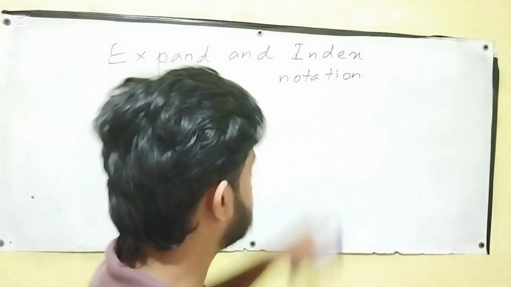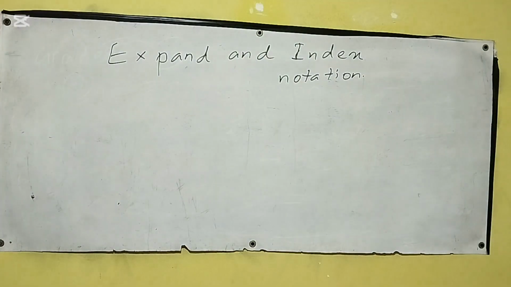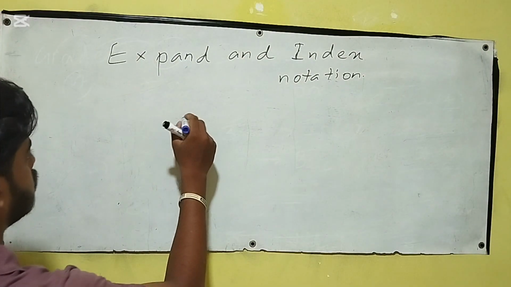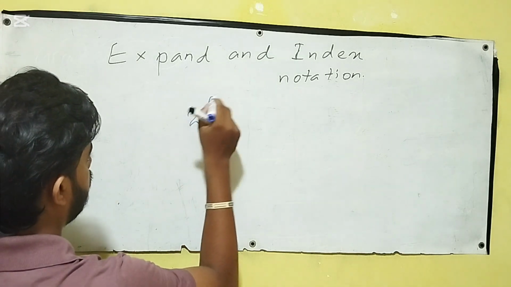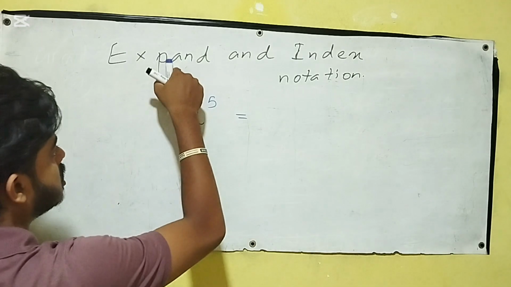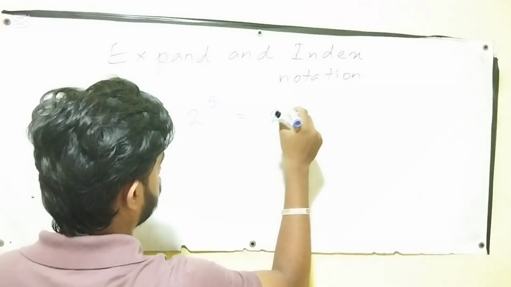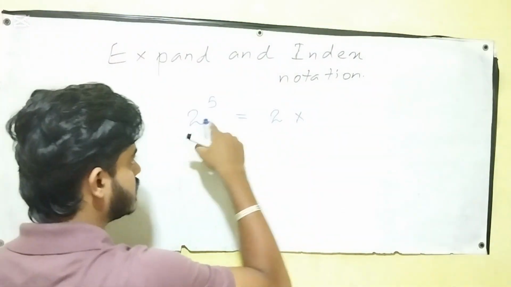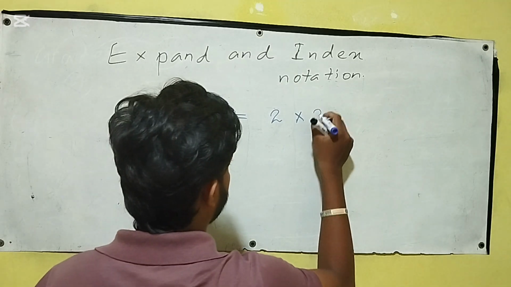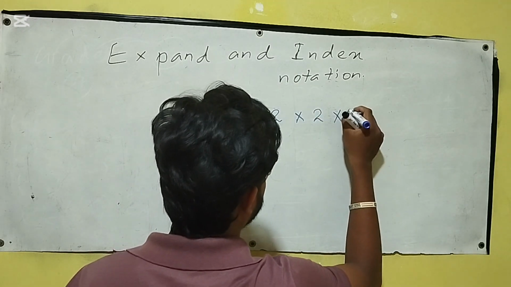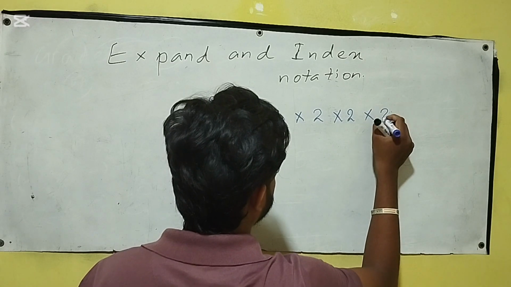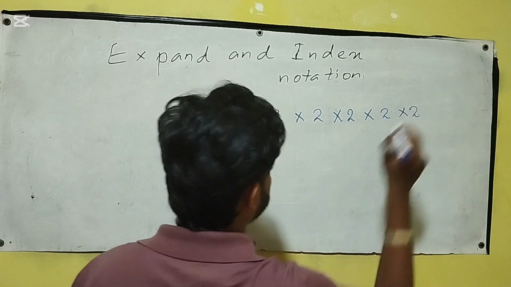Expanded and index notation. How to identify this? Think 2 to the power 5. How to expand? This is an index notation. 2 is the base. 2 multiplied by 2 multiplied by 2 multiplied by 2 multiplied by 2.